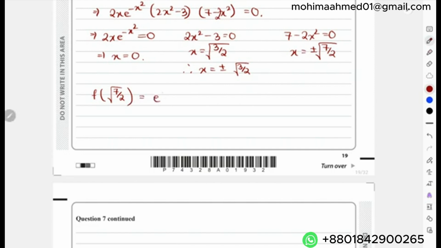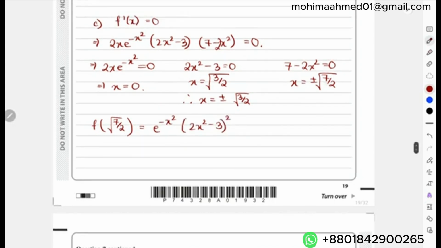So we'll have the equation as e power minus x square, times 2x square minus 3, whole square. For x square, the value was just 7/2, it was not root. So we'll just write e power minus 7/2, which is 3.5. So again, it's going to be 2 multiplied by 3.5 minus 3, all squared.